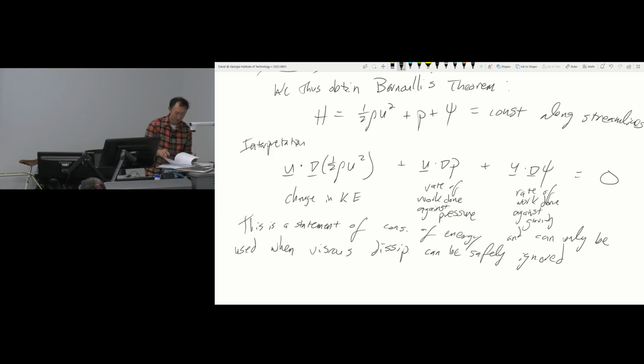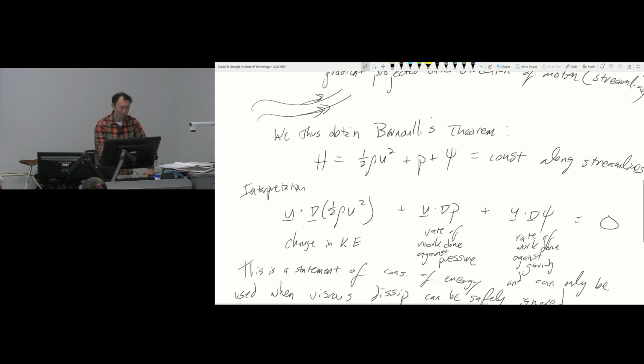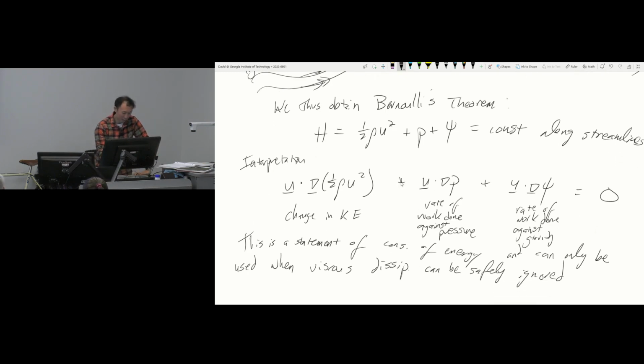So they don't actually have to be on a streamline. Physically, a streamline means if I put a little blue dye here, that dye eventually goes over here. It basically follows the path. But for irrotational flows, this is true between any 2 points.